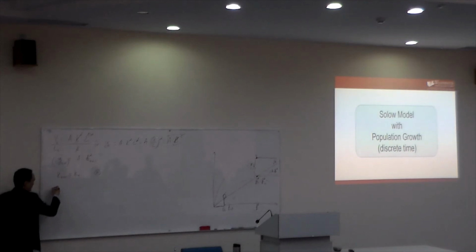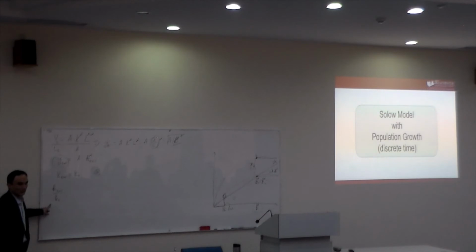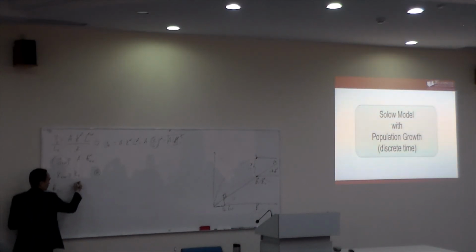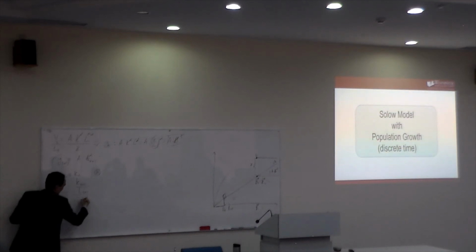Now consider this. Per capita capital t plus 1 over per capita capital t. What is it equal to? Is it 1? No. We said that labor is growing. It's now not only the stock of capital, right? So it's capital stock t plus 1 over labor stock t plus 1, over capital stock of t over labor t.